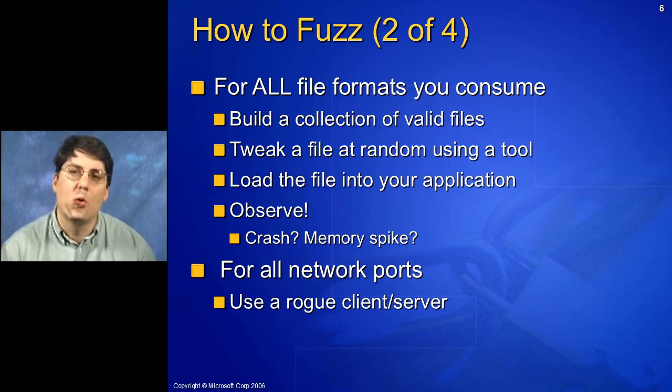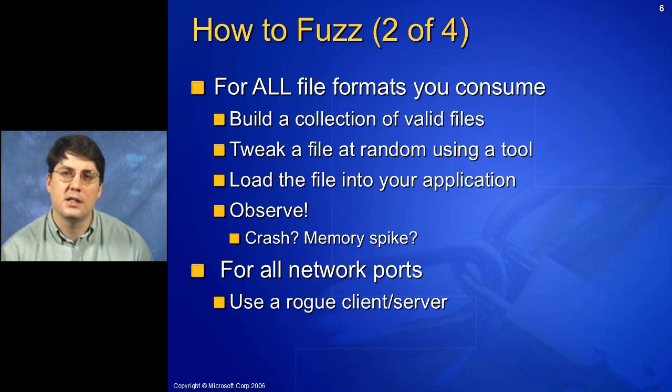Now, as you become more and more sophisticated with your fuzzing efforts, those random tweaks will turn into more directed tweaks. But you never want to lose randomness entirely in your fuzz testing efforts. One of the benefits of fuzzing is precisely that it gets you out of your own preconceived notions about how an application is supposed to behave.